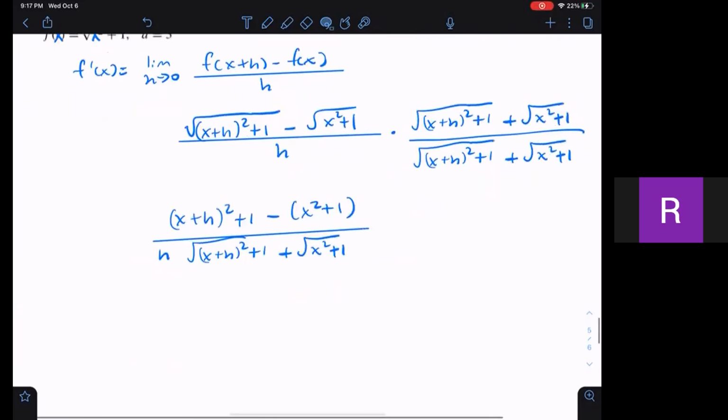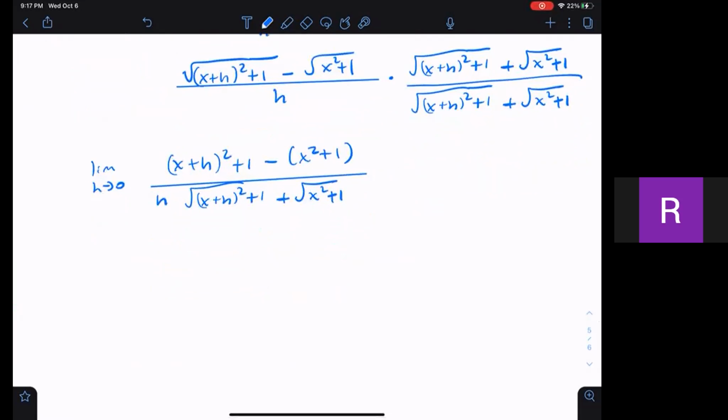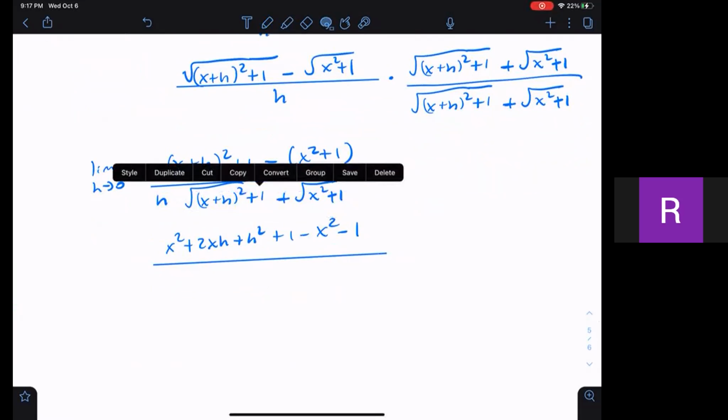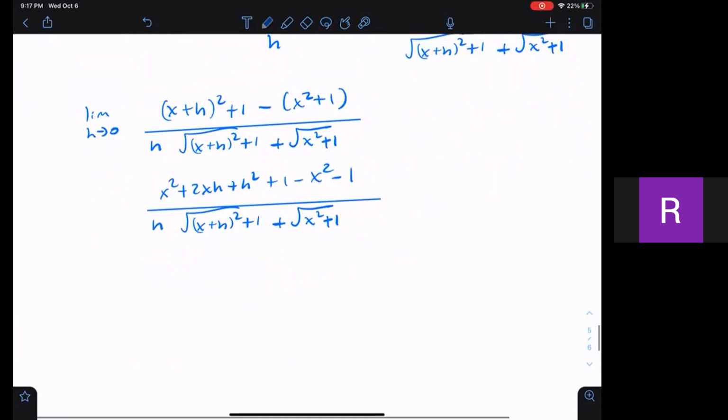Now we need to find the limit as h approaches 0. So we need to expand this. This is going to be x squared plus 2xh plus h squared plus 1 minus x squared minus 1 over all this mumble jumble, right? Let's see, we can cancel things here. So this cancels with that, and the 1 cancels with that.